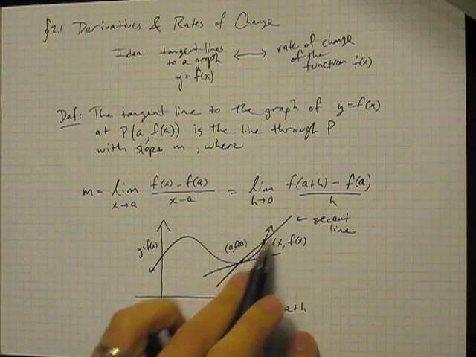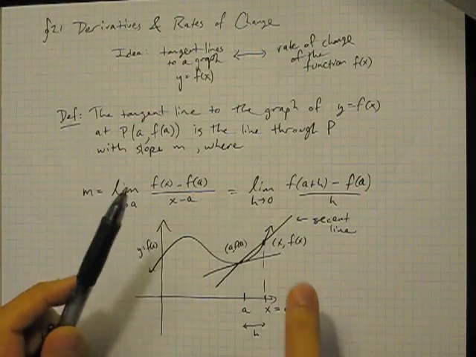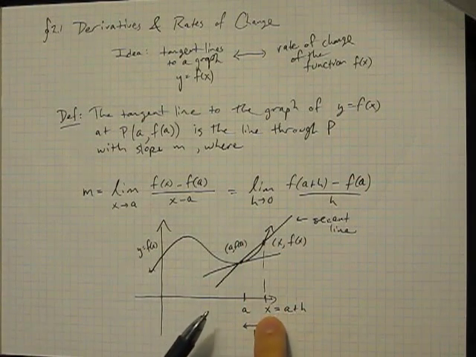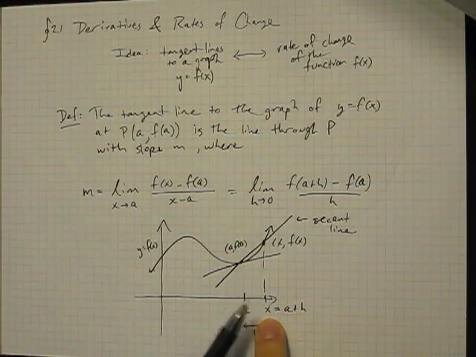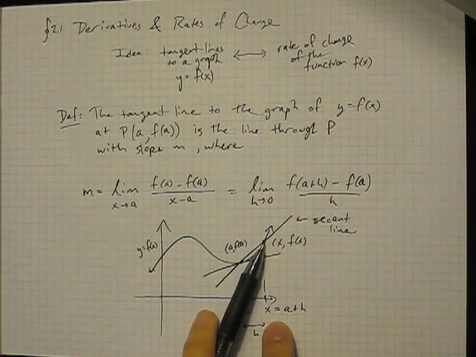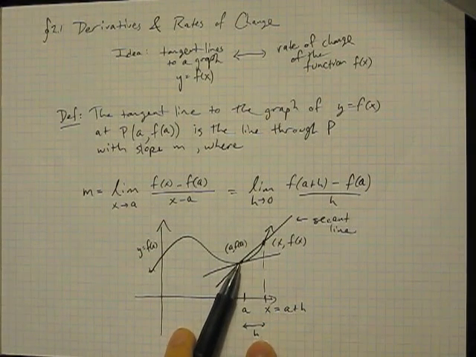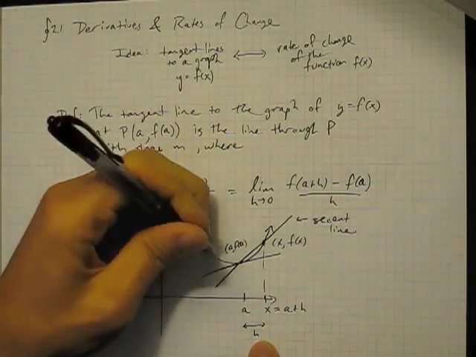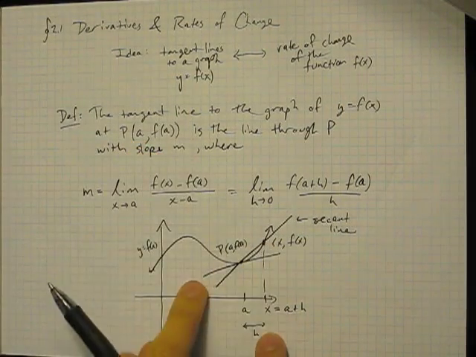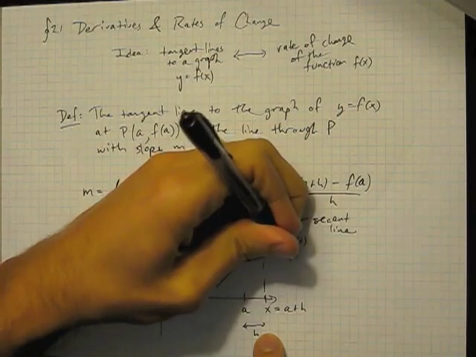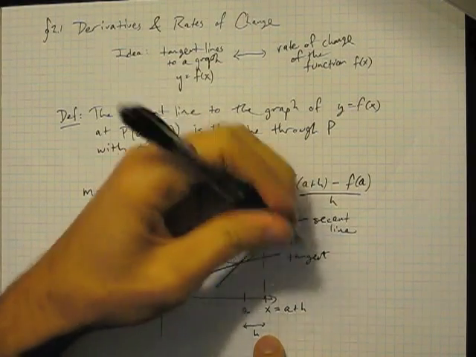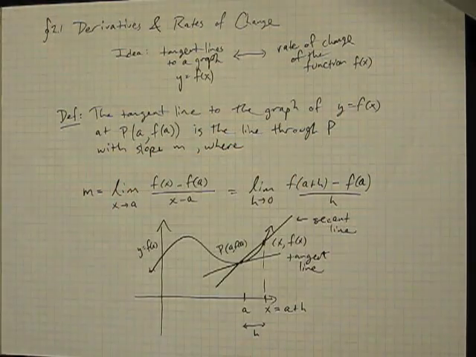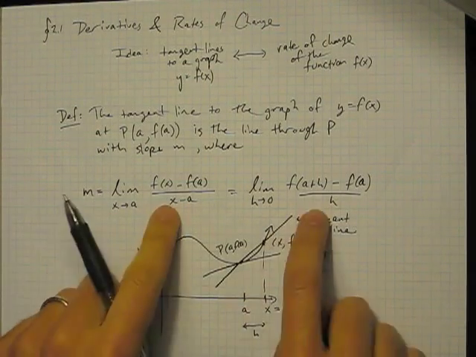And so in both cases, when either h is small or this value of x just to the right of a is small, that point on the graph will get closer and closer to the point P. This is P. And so the secant line will look more and more like the tangent line at that point. Okay, so these are our two definitions.